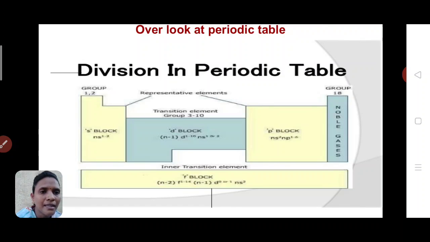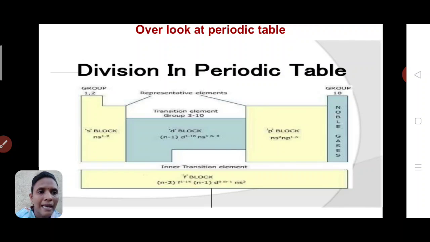They are present in groups 13 to 17. The grey color represents D block elements. They are present in groups 3 to 12. And again the yellow color represents F block elements, and they are called inner transition elements.